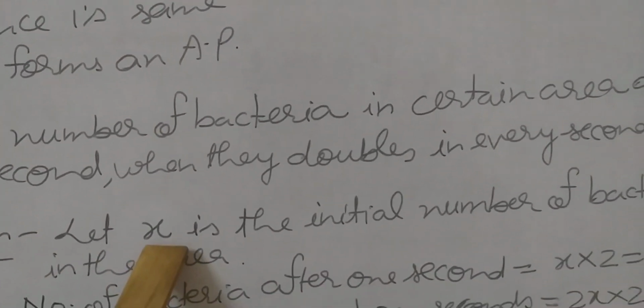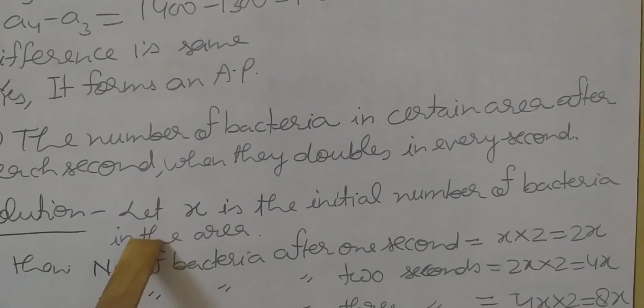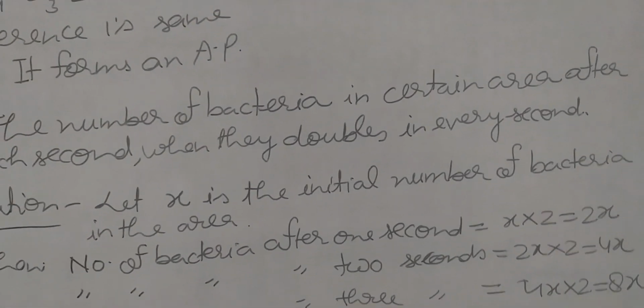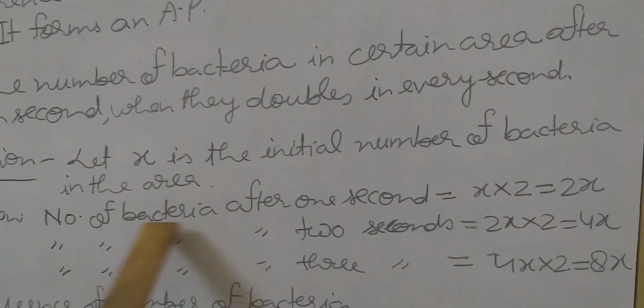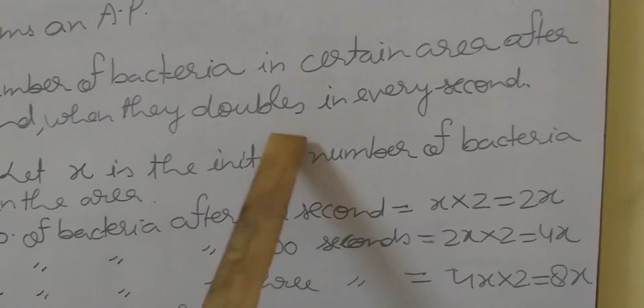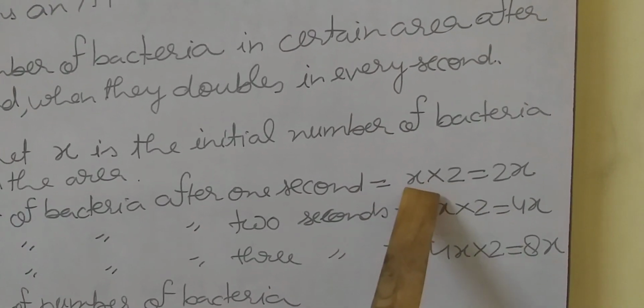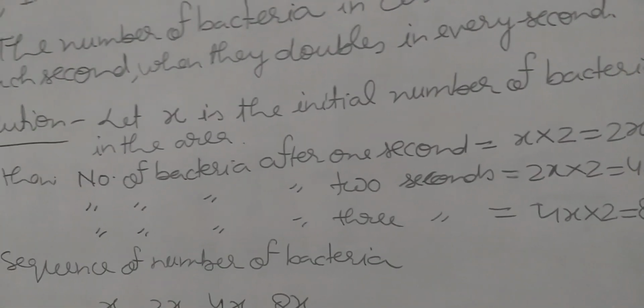So let X be the initial number of bacteria in the area, then number of bacteria after 1 second. It is given they double in every second, students. So X multiplied by 2, double of X, equals 2X.